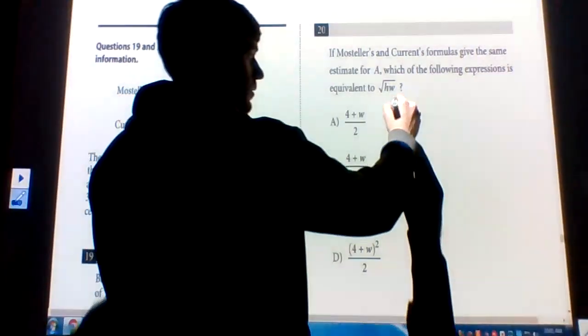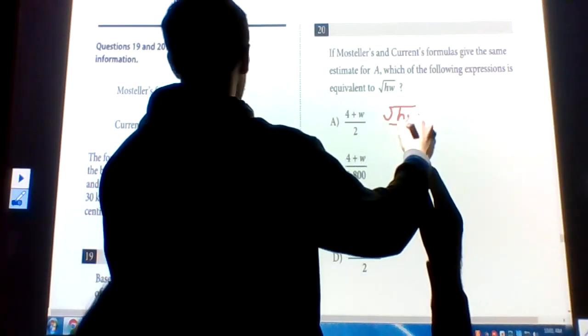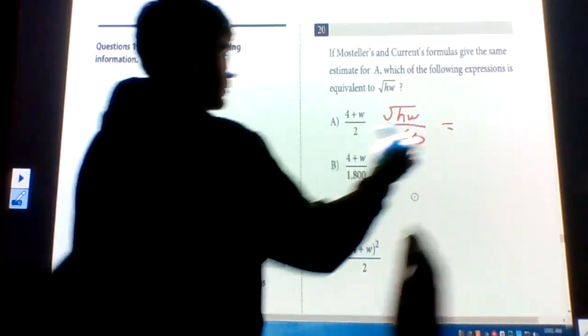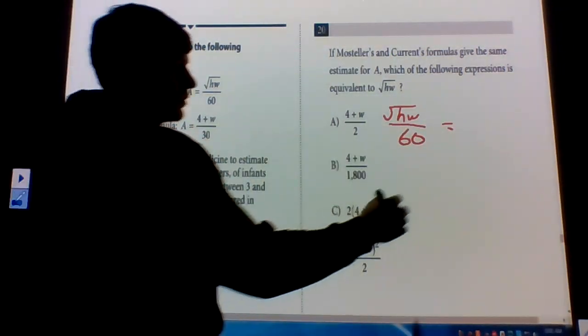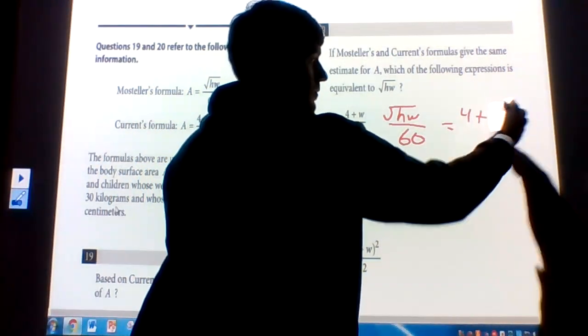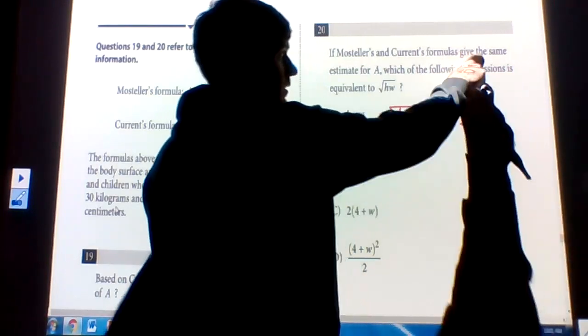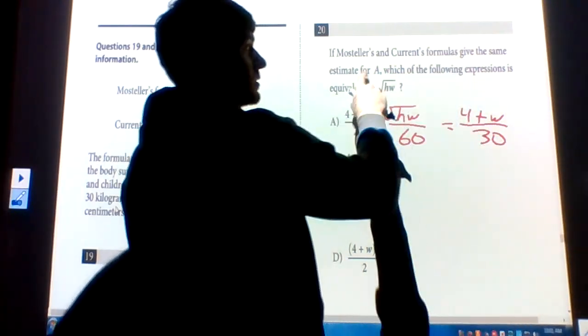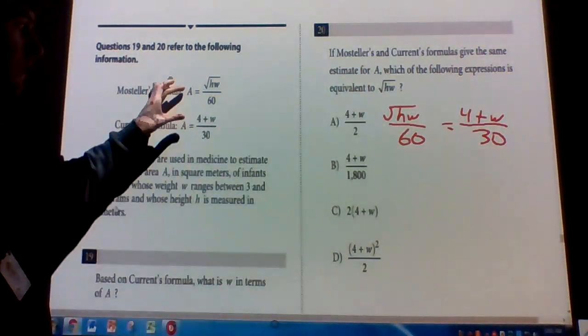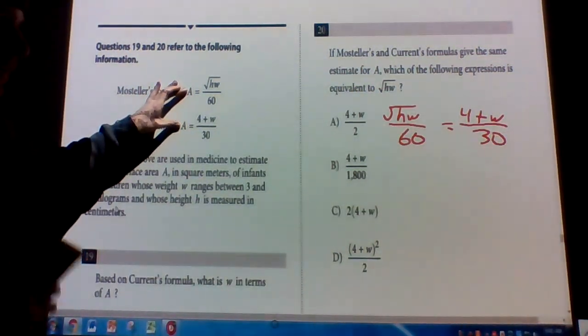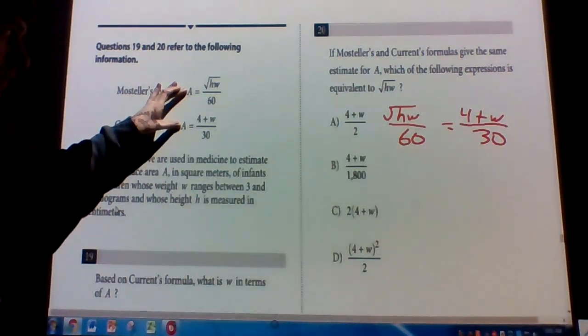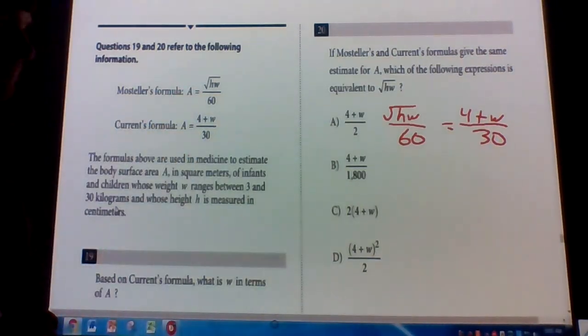So we can do square root of HW over 60 equals 4 plus W over 30, right? They give the same estimate for A. Since they're giving the same estimate, that means those two values are equal. So we set them equal to each other.